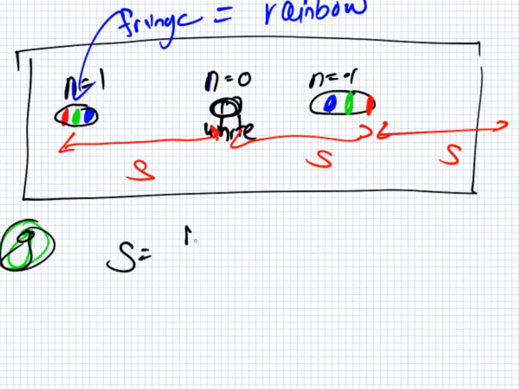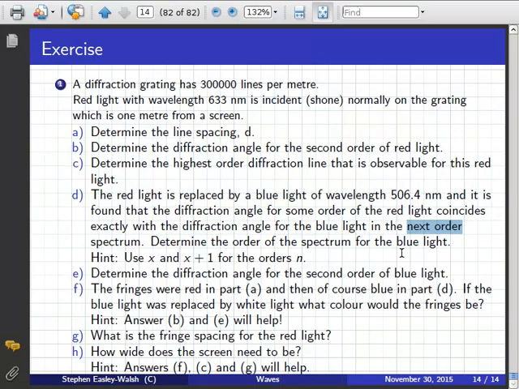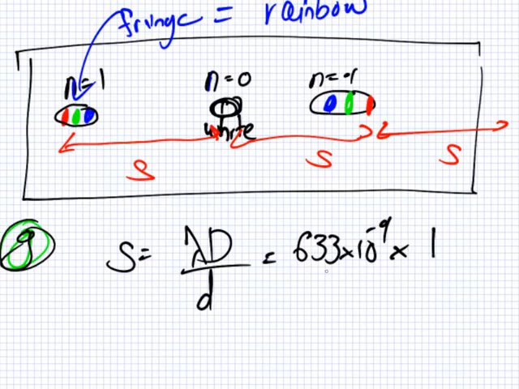S equals lambda D over d. The wavelength is 633, wasn't it? Oh, did I not say what the D was? I should say what that is. It's 1 meter from the screen, so the D is 1. And then the small d is 3.33 times 10 to the minus 6.